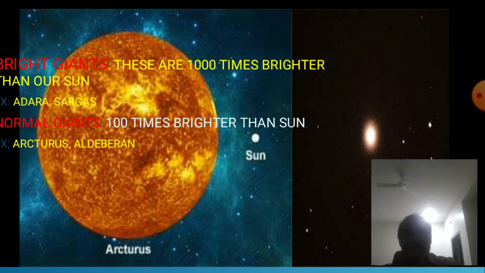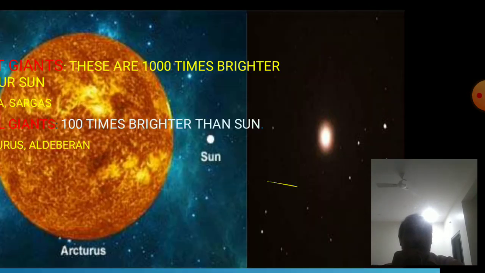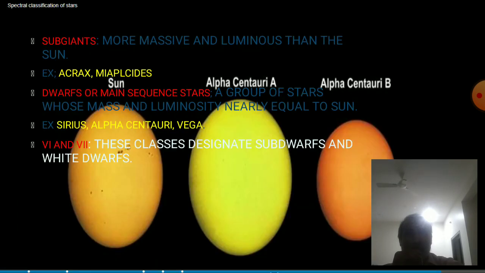Next thing, subgiant. Subgiants are more massive and luminous than the sun. Example, Acrux and Mu Placidus. Next, dwarfs are main sequence stars. Dwarfs are main sequence stars whose mass or size is nearly equal to our sun.